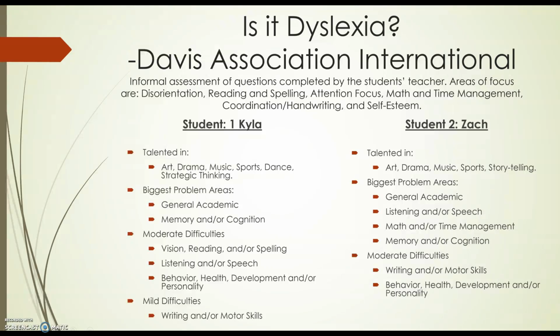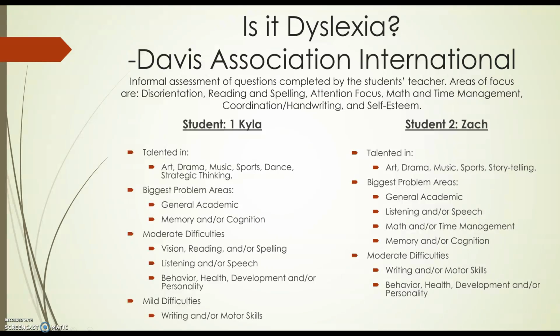For Zach, he's talented in art, drama, music, sports, storytelling, and his biggest problem areas are his general academic, listening and or speech, math and or time management, memory and or cognition, and he has moderate difficulties with writing and his motor skills, behavior, health, and development, and his personality.